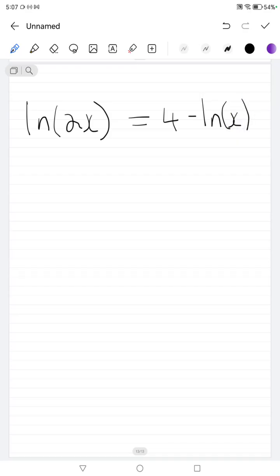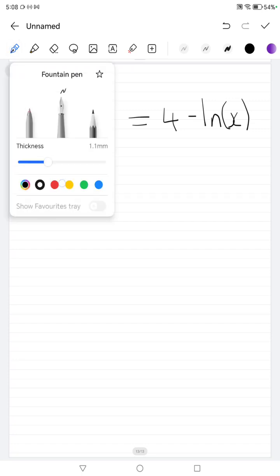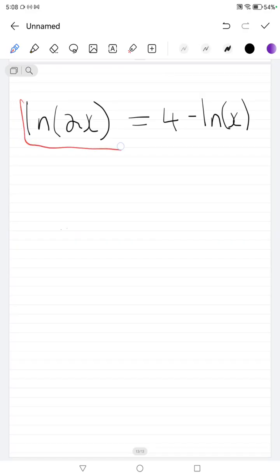So if you have something like this, first try to rearrange and see if you are getting anything, because already I can see I'm having a negative to that side, but when I take it to that side, I'm going to have a positive. It means already I'm looking at these two, they all have their ln. So let's just check.